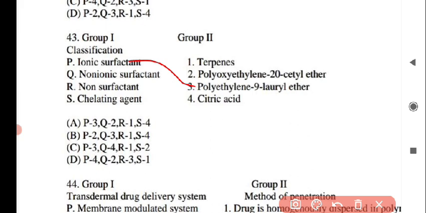For non-ionic surfactant, the correct answer is option number 2, that is polyoxyethylene 20 cetyl ether. For non-surfactant, the correct answer is option number 1, that is terpenes. And for chelating agent, the correct answer is option number 4, that is citric acid. So option A is correct for this question.